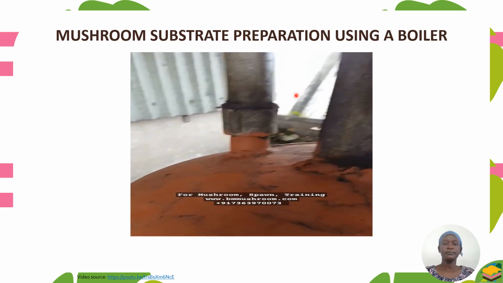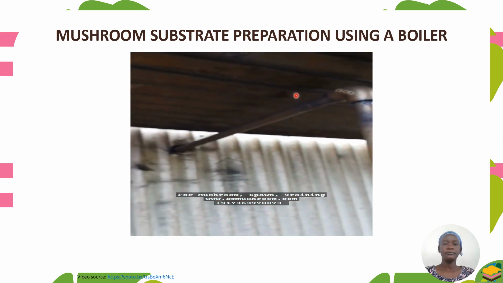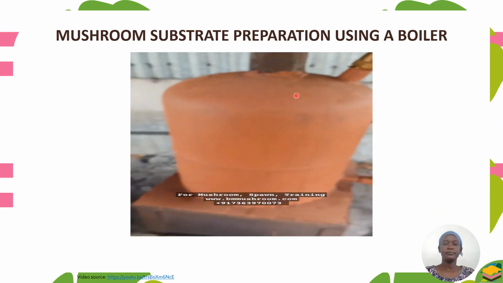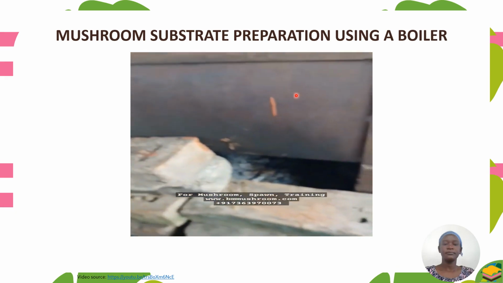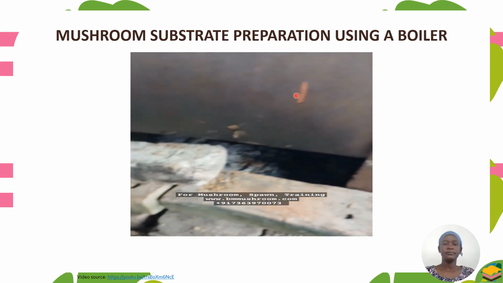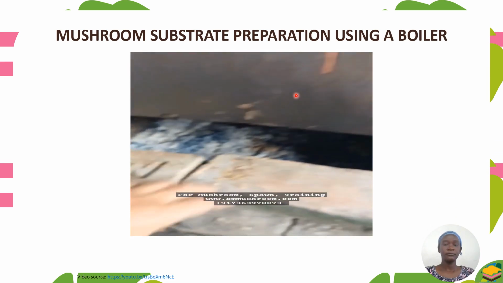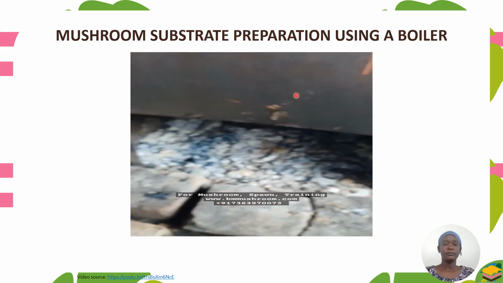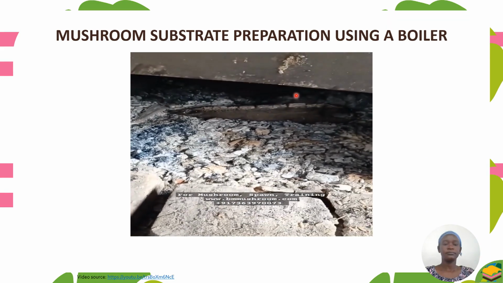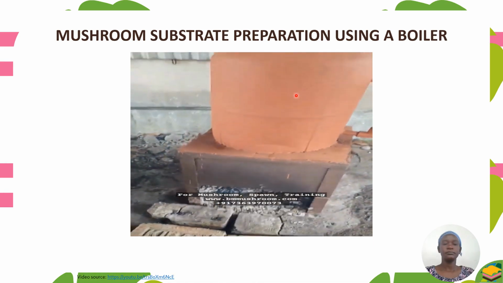This is a baby boiler for mushroom cultivation. In this pipe, the steam flows, and this is the oven on which the boiler sits. Here we put timbers for burning fires, using which we boil the water inside the drum, which is the actual boiler.